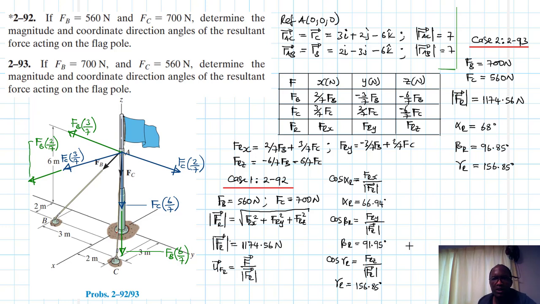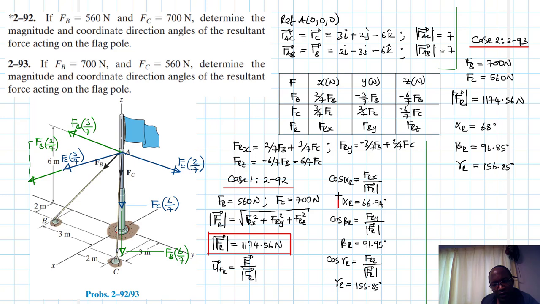We found the coordinate direction angles. We'll just create a boundary here, like this. I usually use one color for boundaries. Then let's outline the final solutions. In the first case, we have the magnitude of the resultant force, as well as the angles. That's the magnitude.